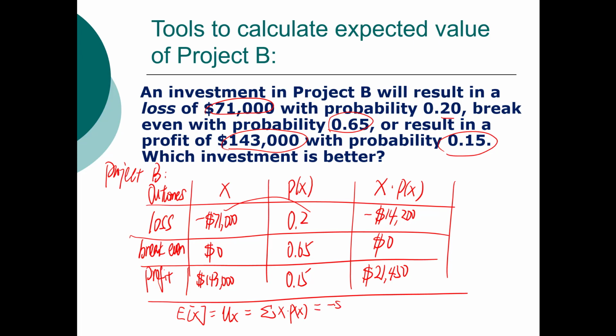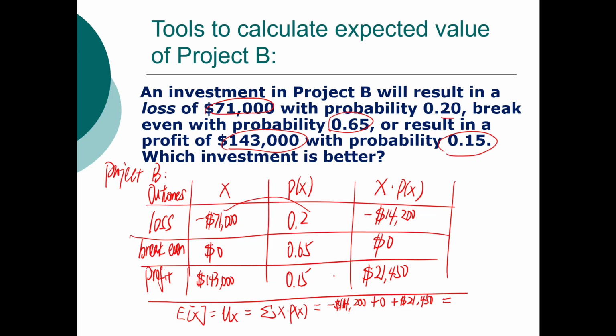So the sum of this: negative 14,200 plus 0 plus 21,450.